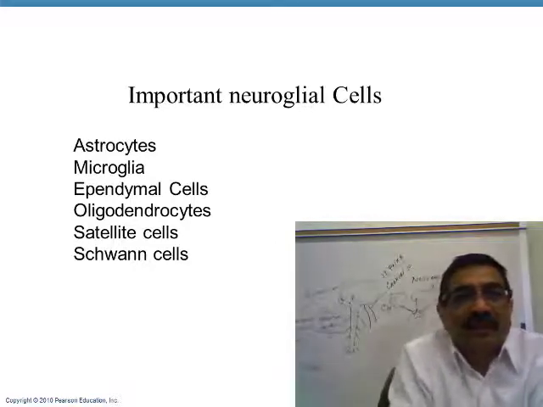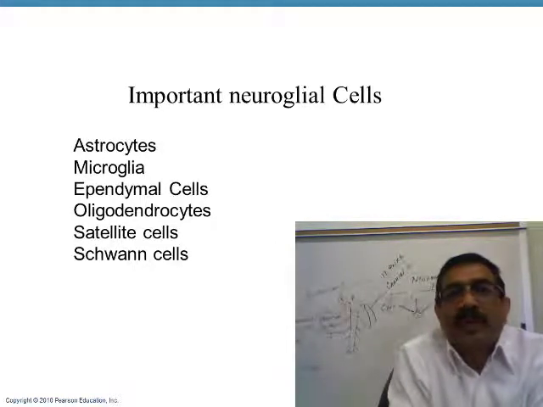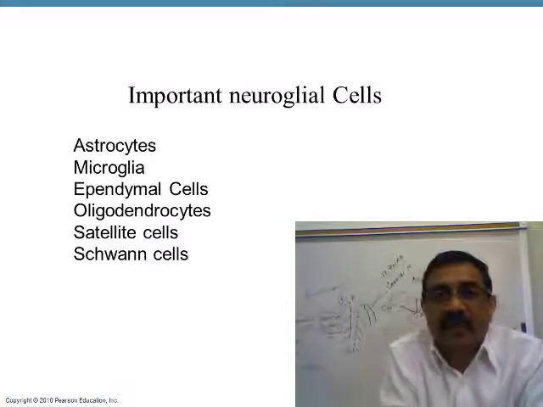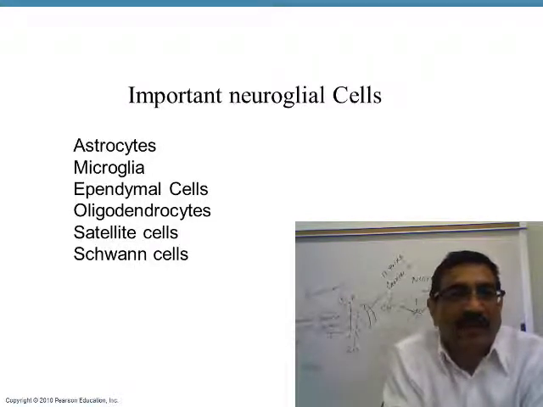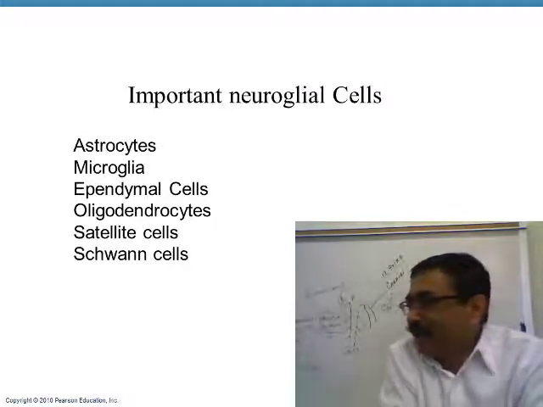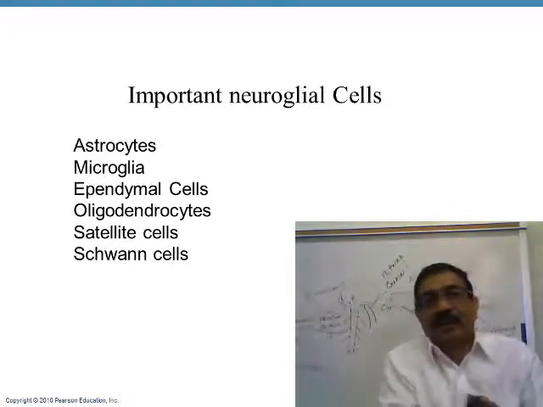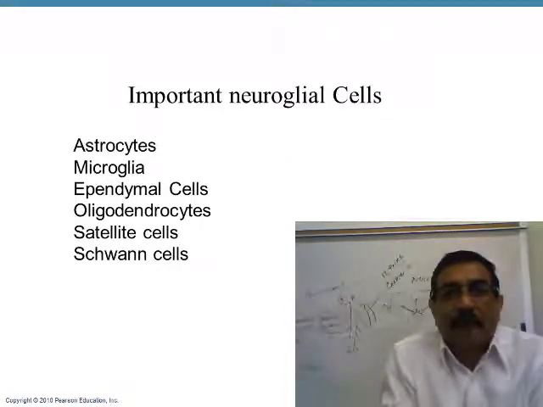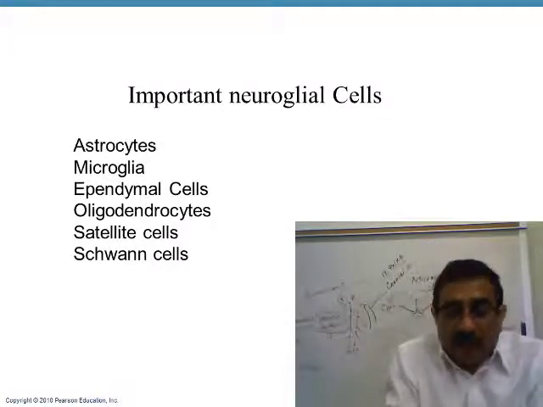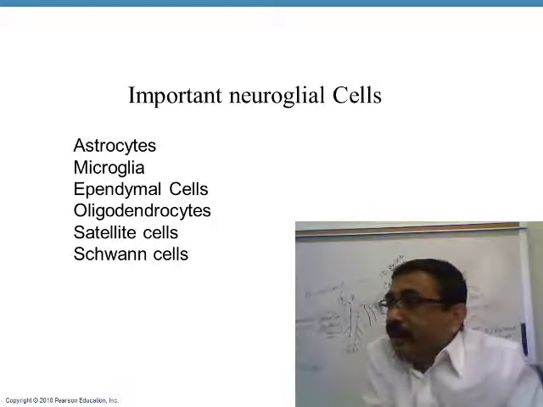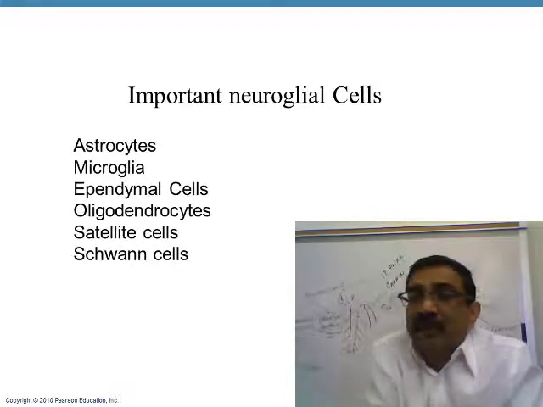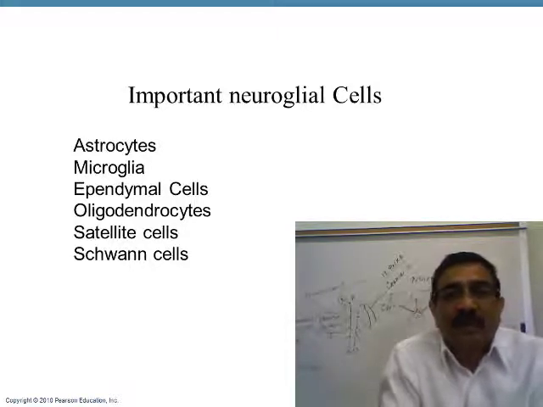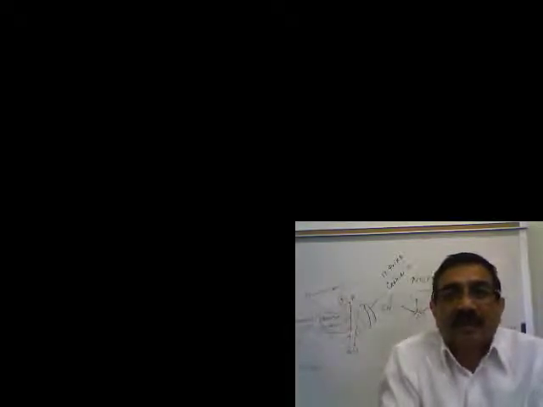Astrocytes look like stars. That's why they are called astrocytes. You know astronomy, right? Study of stars. So astrocytes look like stars. Astrocytes are the most abundant type of neuroglial cells, the most common type.